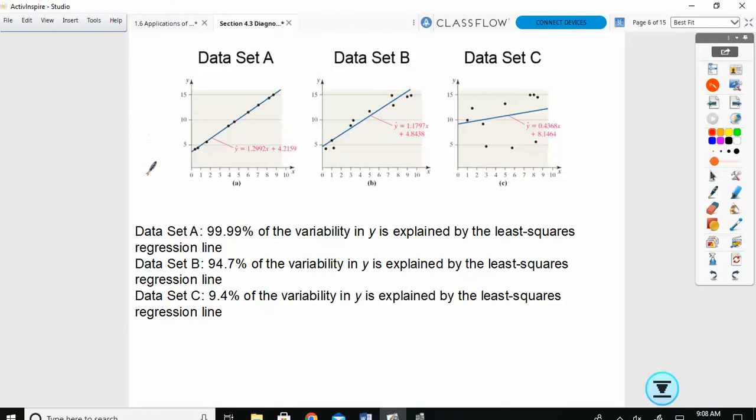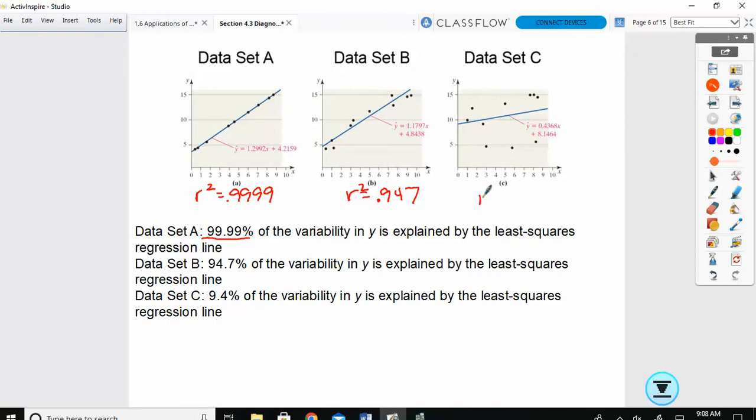So this just shows you a few different data sets. In this first data set, it's almost a perfect line. So that one, your R squared would have been 0.9999. 99.99% of variation is explained by the line. It means it's very, very linear. This one is a little less great. That one is a 0.947 for the R squared, 94.7%.